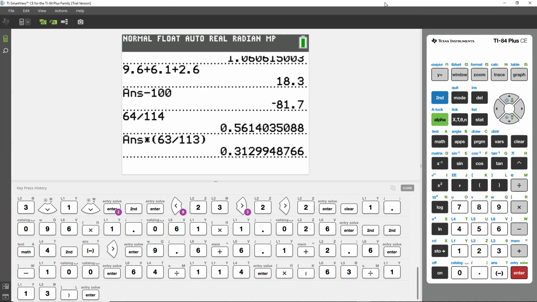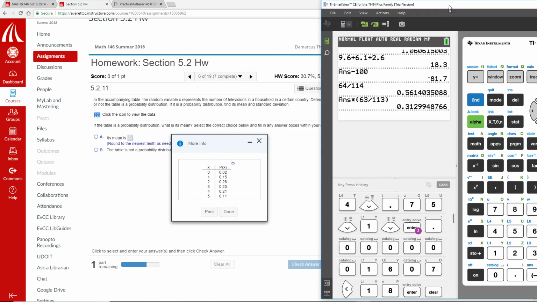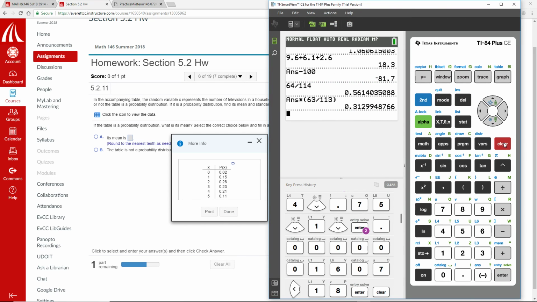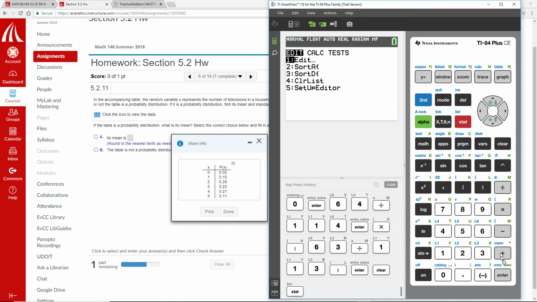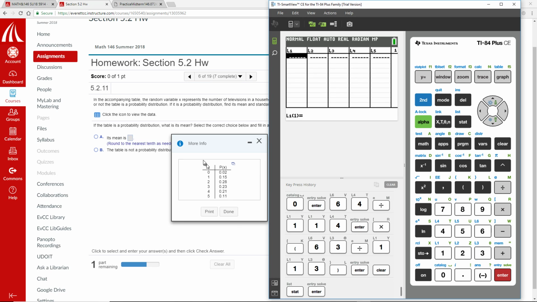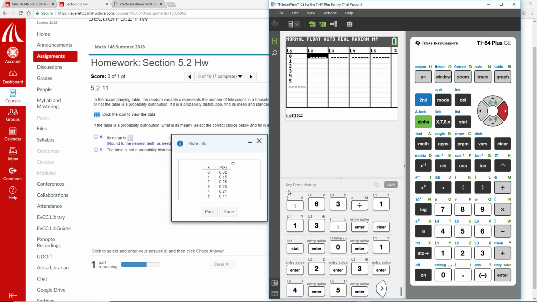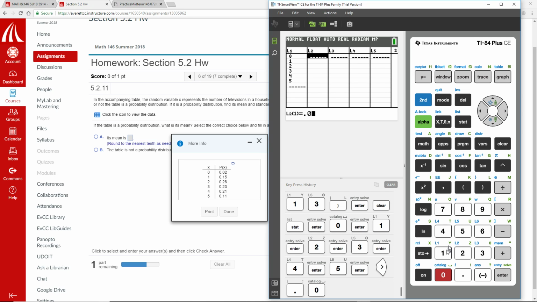So let's enter the data. My first list, I'll put in the x values: 0, 1, 2, 3, 4, 5. And there was only 5. I'll put in the probability in the second list.